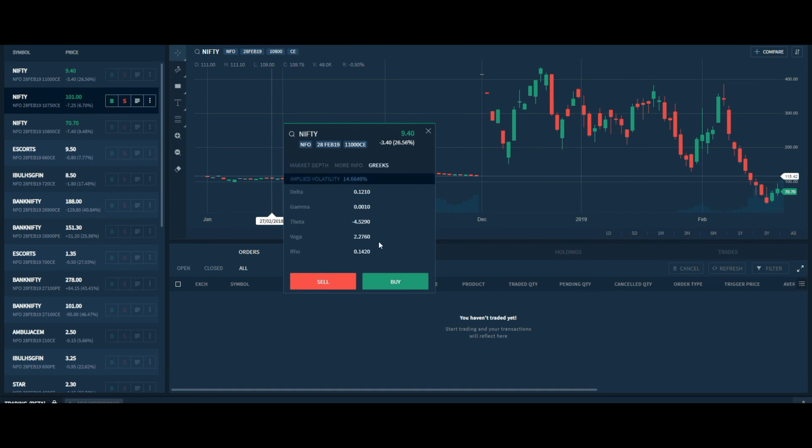Now see the Vega here. The Vega is 2.27 here versus 4.5. So Vega is impacting your premium when it is an ATM contract.